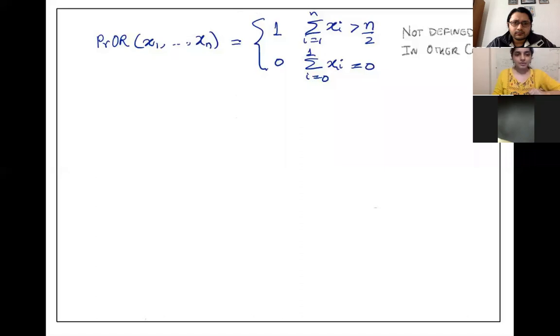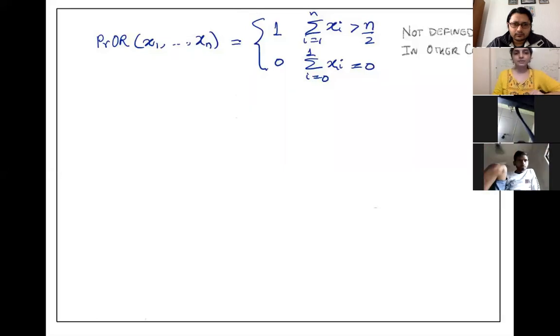Let's look at this function, which I call promise OR function. Promise OR function takes n inputs. These are 0, 1 bits. And it outputs a 1 if summation xi is n/2 or more and 0 otherwise. This is precisely the function we were trying to compute.